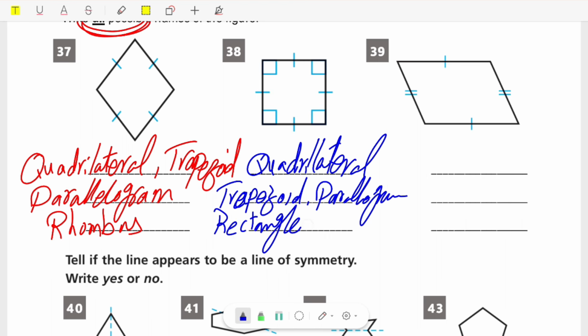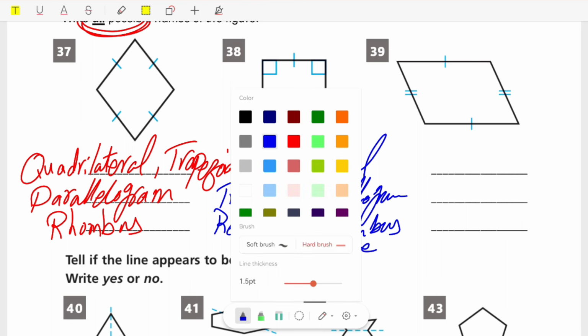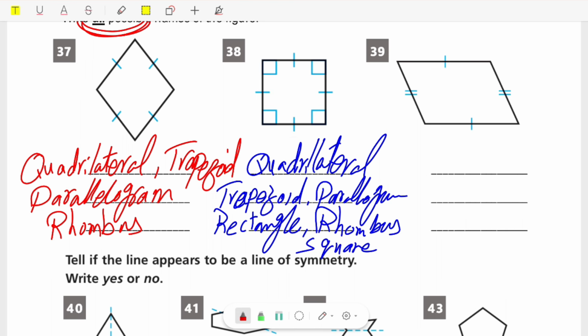He said that you have to write all possible names. So write all possible names, guys. So the next one, rhombus, and its special name, square. These are all possible names of this shape. Okay, the next one, let's ask ourselves a question here. Do we have four sides?